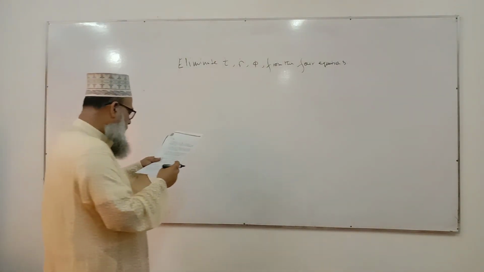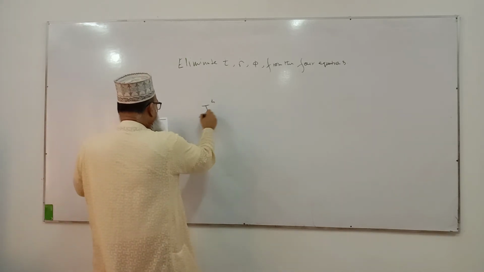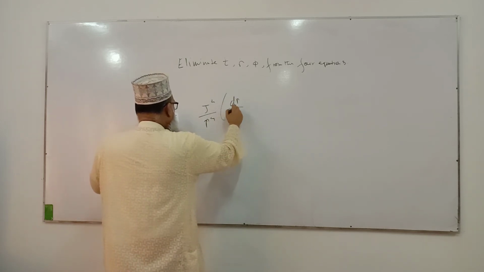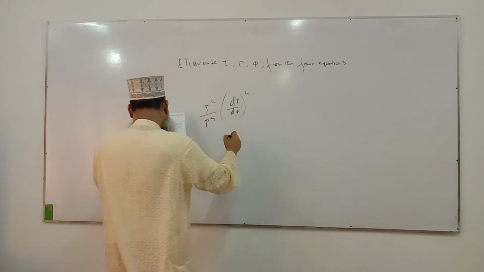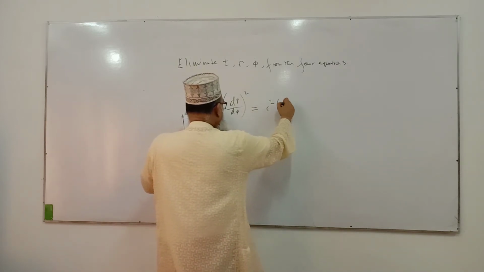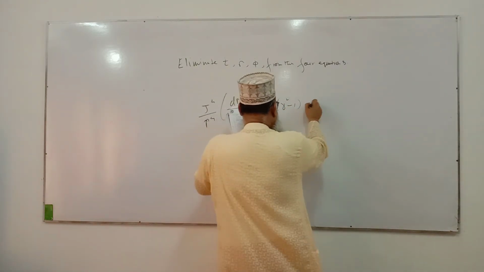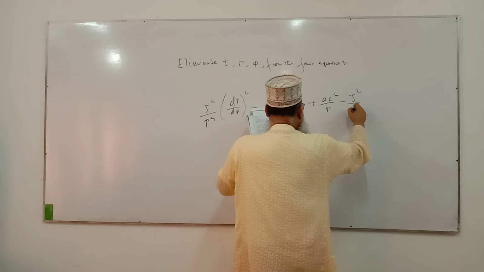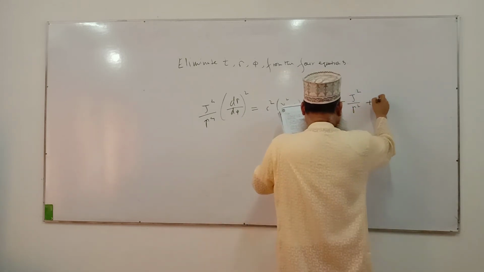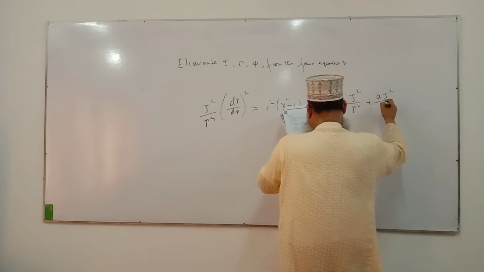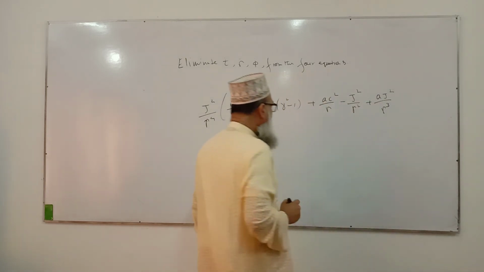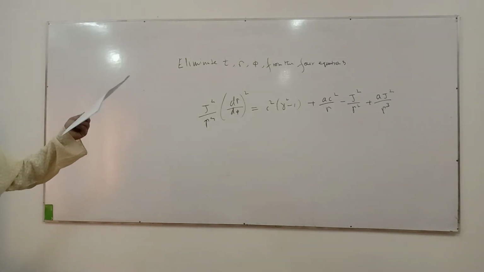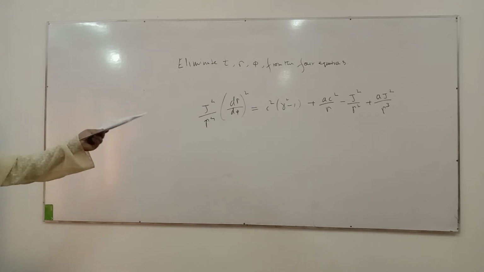Now we get j square by r to the power 4 times (dr by d phi) whole square equals c square gamma square minus (1 - A/r)... that is, c square gamma square - c square + A c square by r - j square by r square + A j square by r cubed. Whenever you eliminate t dot, r dot, phi dot from the above equations, you get a relation like this.